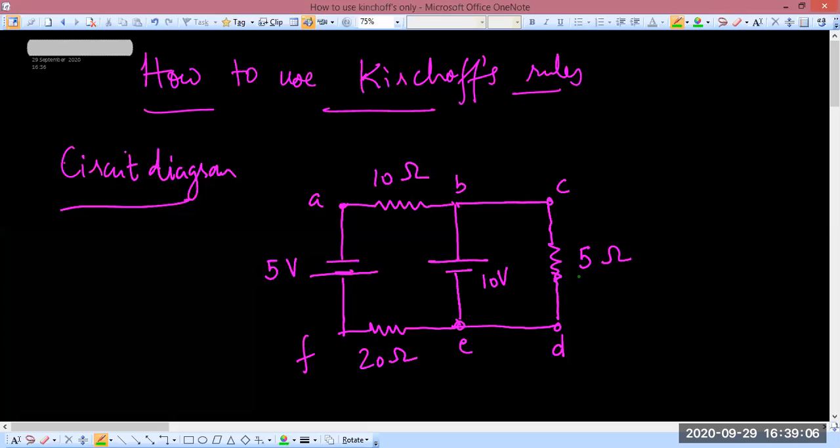For example, if you say 5 ohm and 20 ohm are in series, that's wrong, because for series I've taught you that there should be no branch in between. If you go from here, a branch comes in between, so 5 ohm and 20 ohm are not in series. Just like that, these 5 ohm and 10 ohm are also not in series. Is it clear?